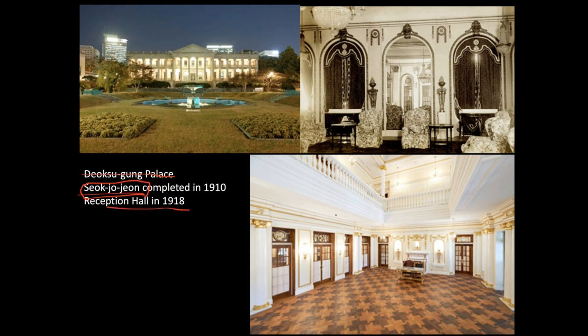And then there is a reception hall. So why did Emperor Gojong create this building? In order to receive diplomats from other countries, so that he could have a European style reception here, and each country represents their table and they sit down.